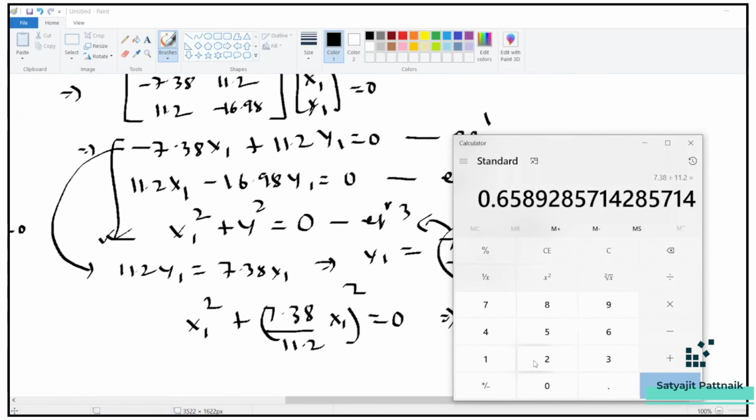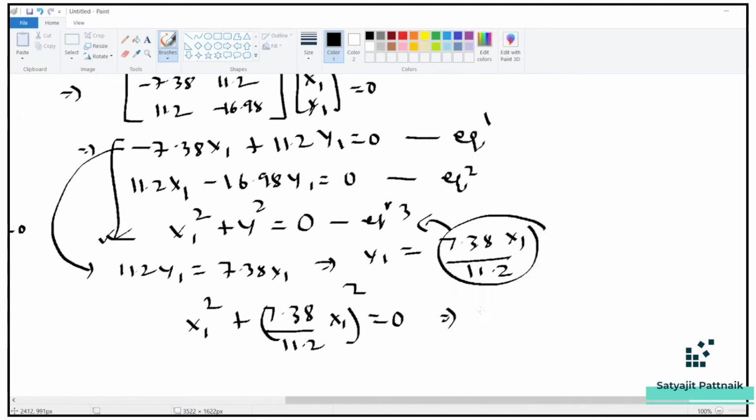This is 0.6. Let's consider 0.66. So 0.66 into 0.66, so x1 square plus 0.43 x1 square equals 0. Sorry, my bad, there's a mistake somewhere.